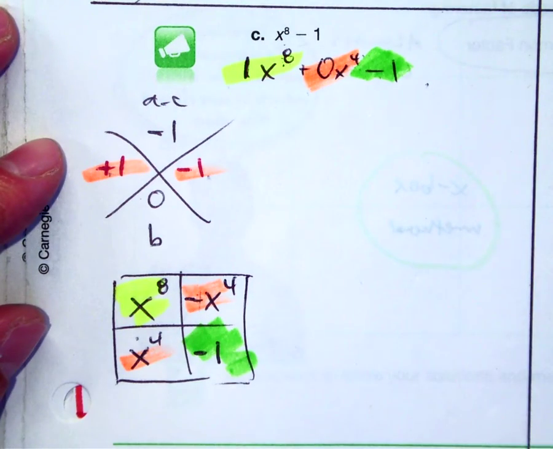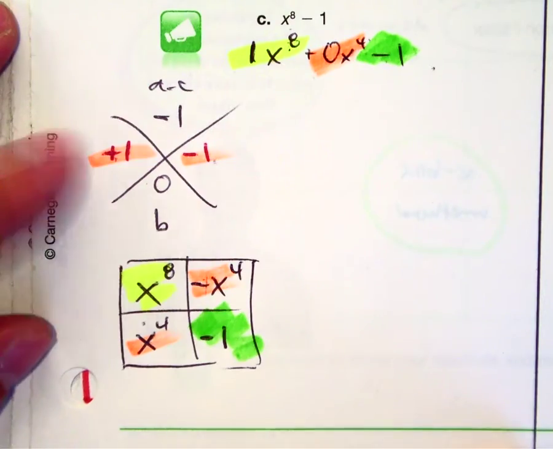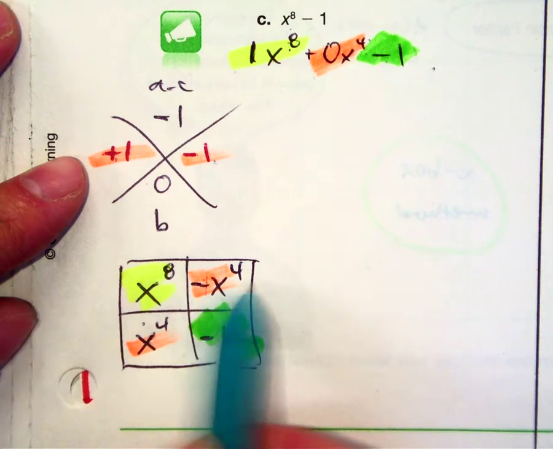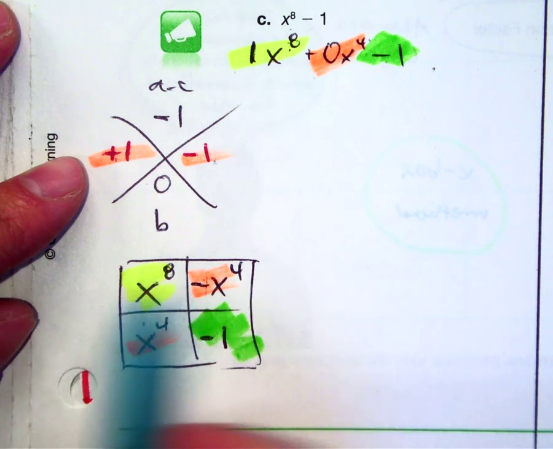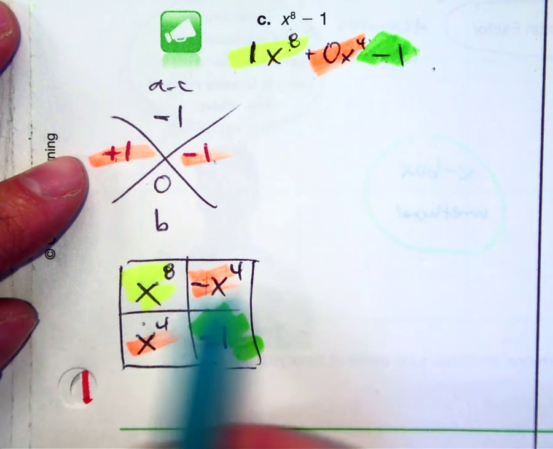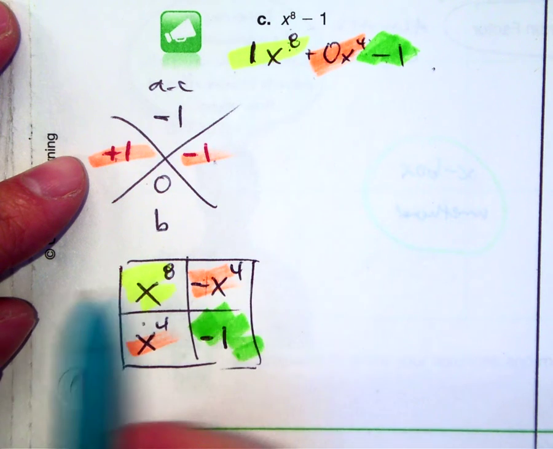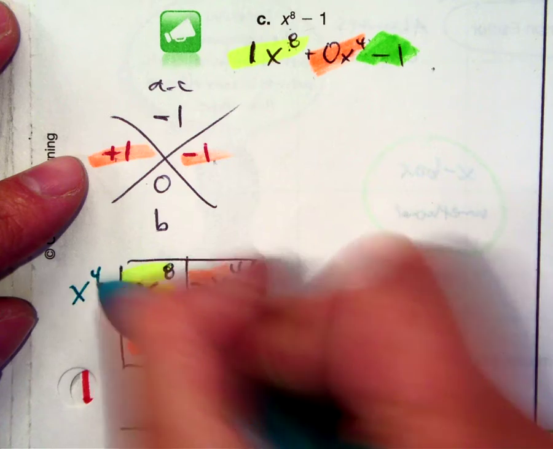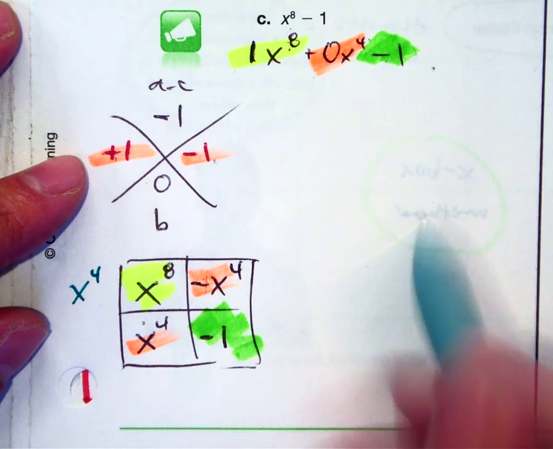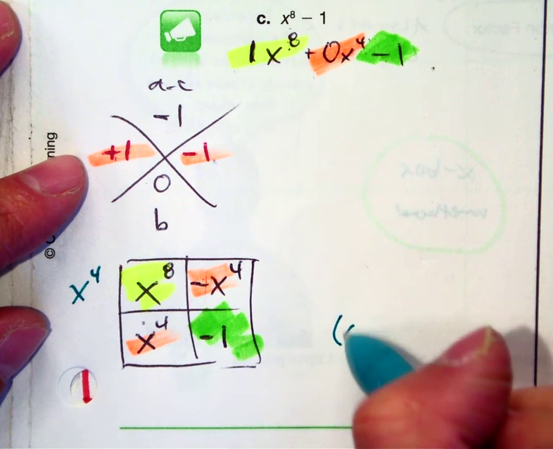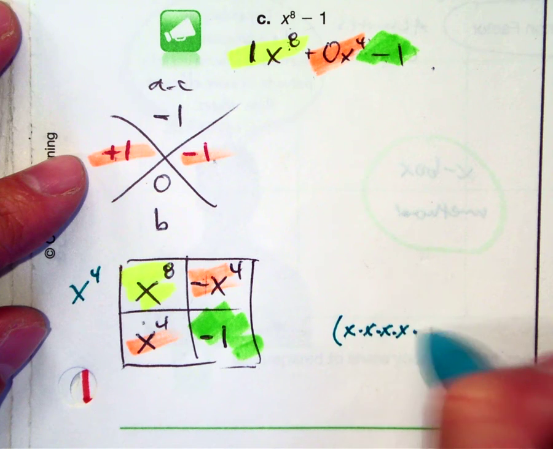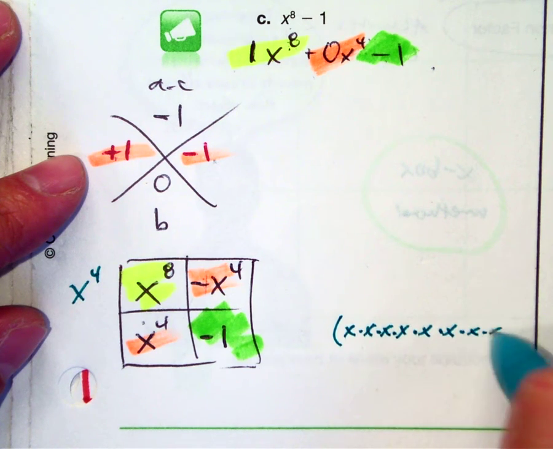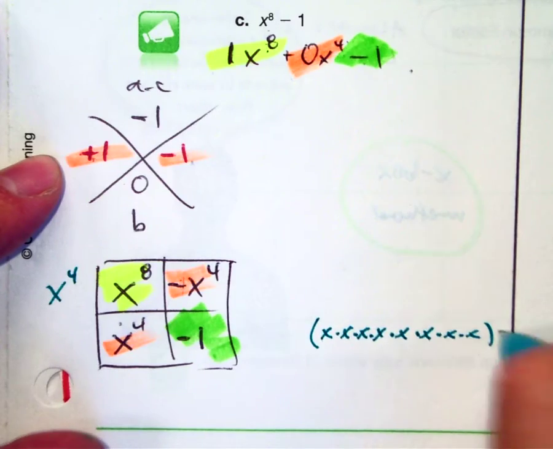Now I need you to take the greatest common factor. Class, what do you think the greatest common factor is this way? X to the 4th. Again, if you're stuck on that, you might want to break them apart. All right, 8 x's. And then I have to write 4 x's.